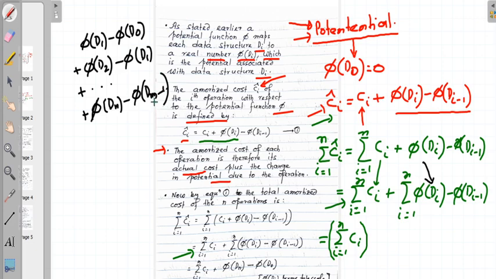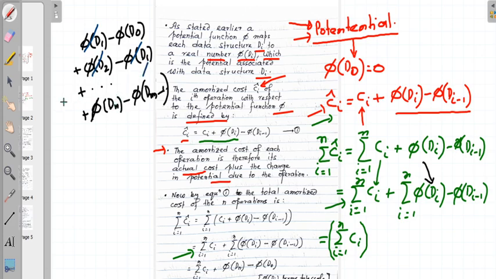So d_{n-1}. Now you observe that what is happening out here is that this is getting cancelled out with this. Likewise, this d_2 will be cancelled out somewhere down here.